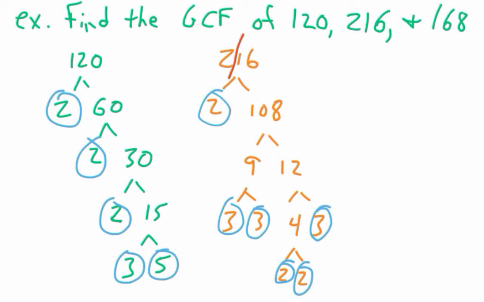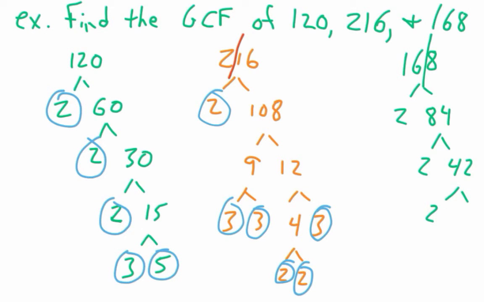Still good? Then our last one, we switch back to the green, 168. 2 and half of 16 is 8, so 8 in the 10 spot. Half of 8 is 4. So 84. And 2. And then 2 and 42. 2 and 6 and 7.